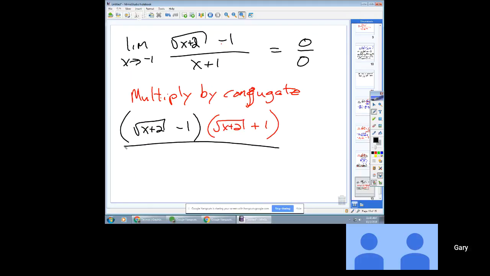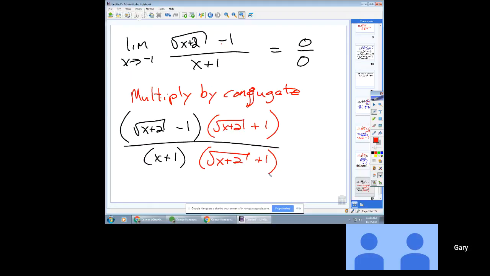The denominator is going to be x plus 1 times that same conjugate, because I have to multiply the same thing in numerator and denominator. Okay, focus on the numerator. Multiply that out and see what you get.